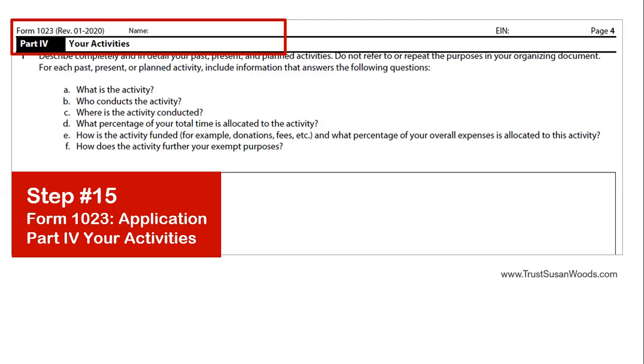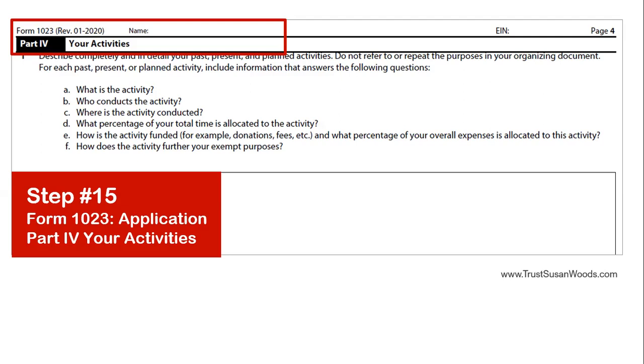So, again, in this section, the IRS expects you to list in detail your past, present, and your planned activities. Say, for example, a person wants to start an after school program for youth.